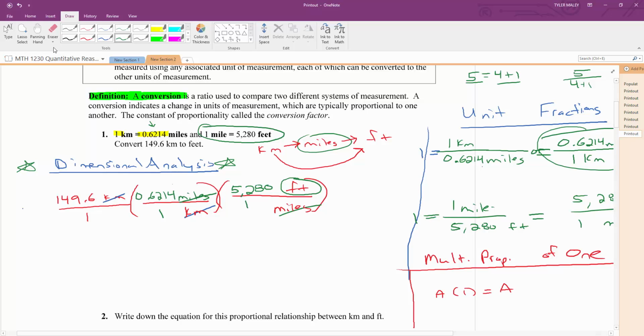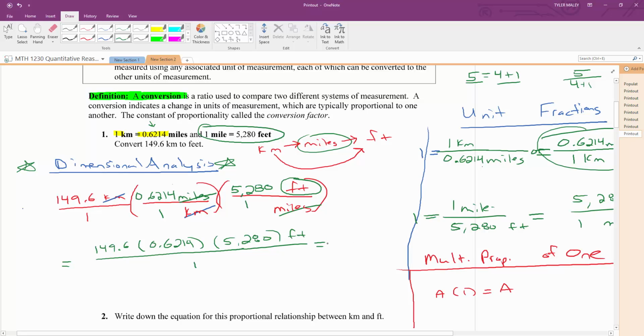So if I just multiply straight across, what I would get is 149.6 times 0.6214 times 5,280 feet all over, and there would just be 1 at the bottom, because we'd have 1 times 1 times 1.